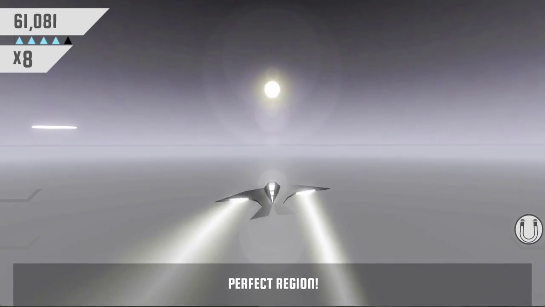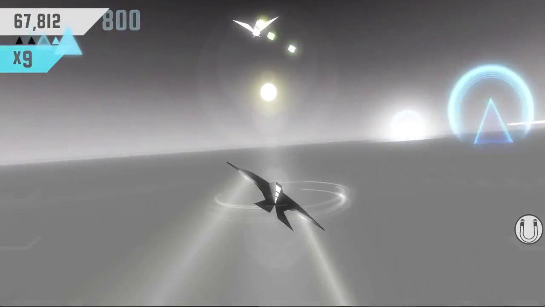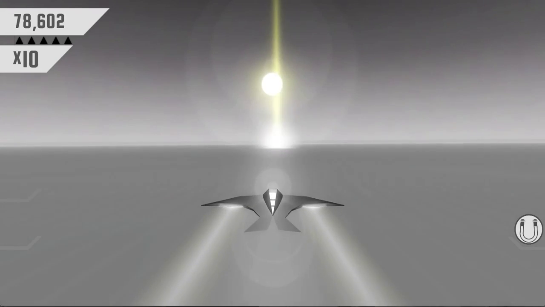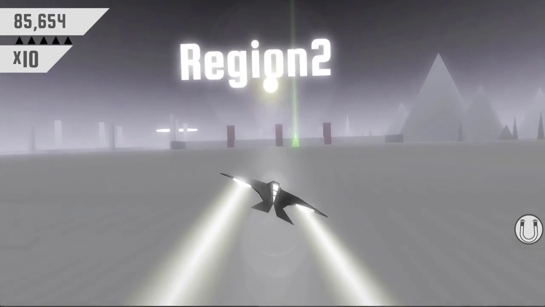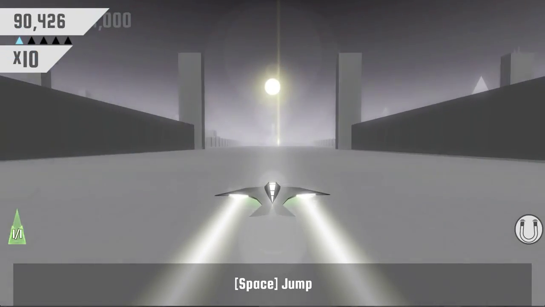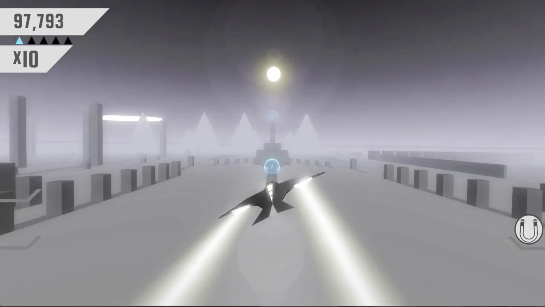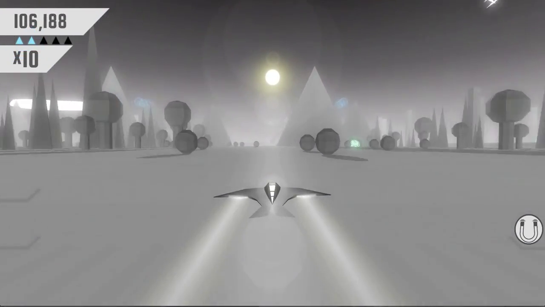And are we landing anytime soon? There we go. See, I can never tell, when we're in between regions, if we jump, how close we are to the ground, because it's just featureless. I mean, obviously it's featureless, but what are we used to? We're used to gauging our height from the ground via the objects on the ground.